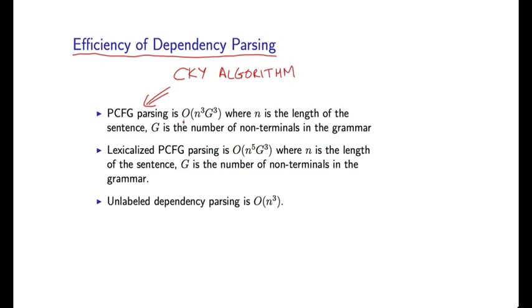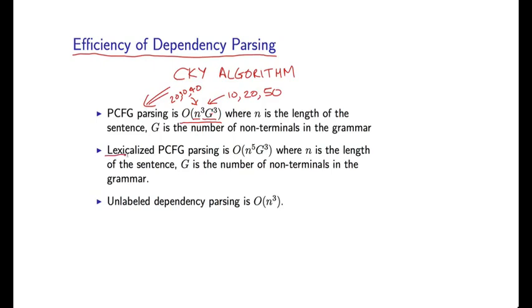And it had a runtime which was cubic in the length of the sentence, and also cubic in the number of non-terminals in the grammar. So n might, for example, be 20 or 30 or 40. The number of non-terminals might be, depending on how you define it, 10 or 20 or 50. Again, some reasonably large number. And this is quite challenging. This is actually a pretty large number, and you can see that this G cubed term can certainly lead to problems in terms of efficiency.